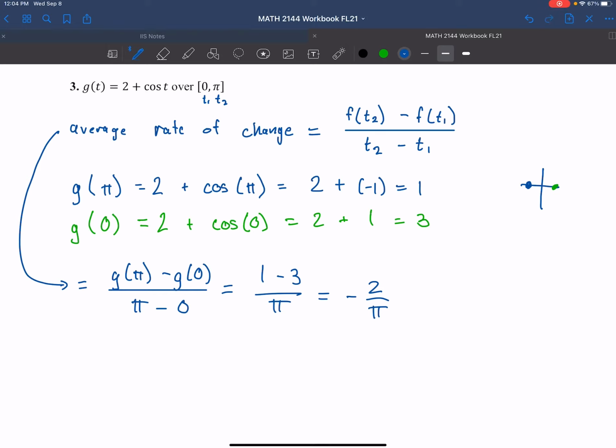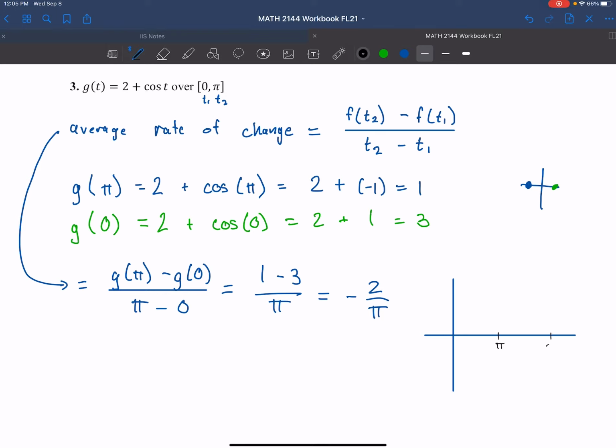But as we move forward into the course, we want to make sure that we always understand what this -2 over pi is. Yes, it's the slope, but let's also sketch a quick graph of this function and think about it in terms of the visualization. Remember here that here's pi.